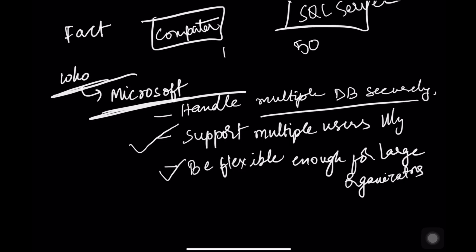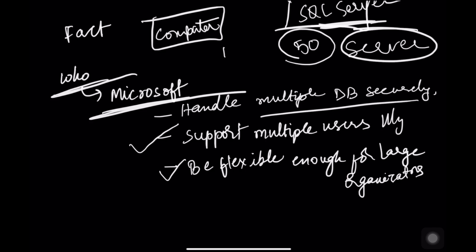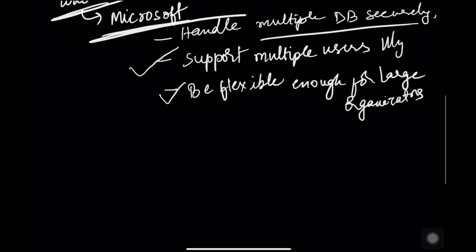They built SQL Server as software that could run multiple isolated worlds, each called an instance, on one machine. That way one machine could behave like 50 servers. Understand, you people? So we'll understand more with an example.